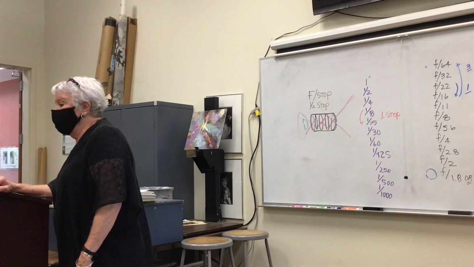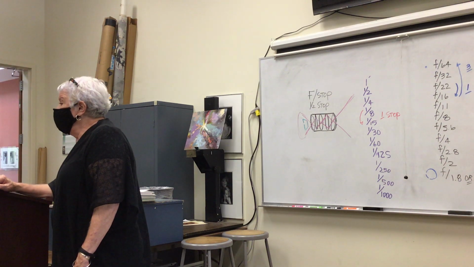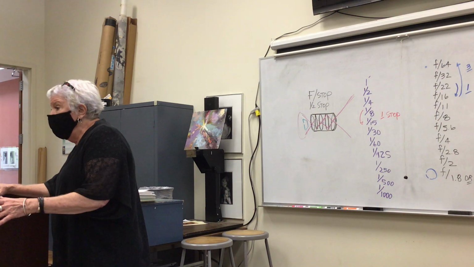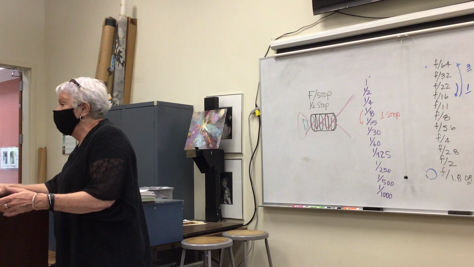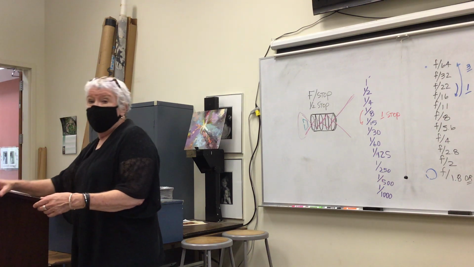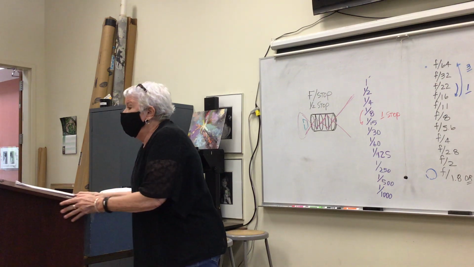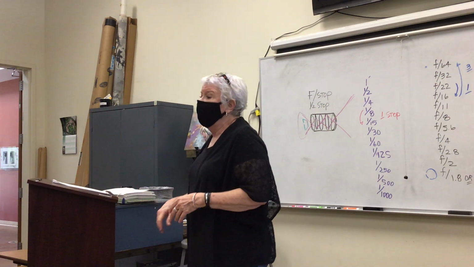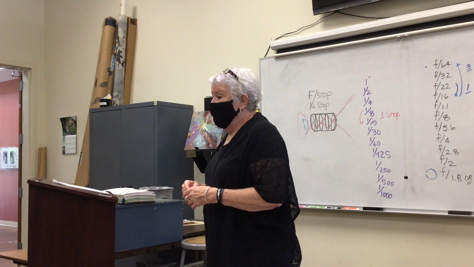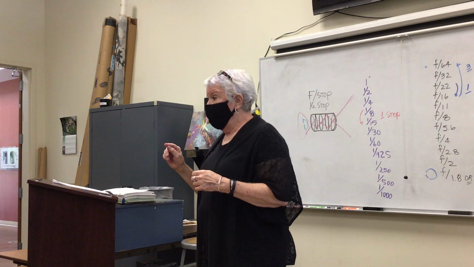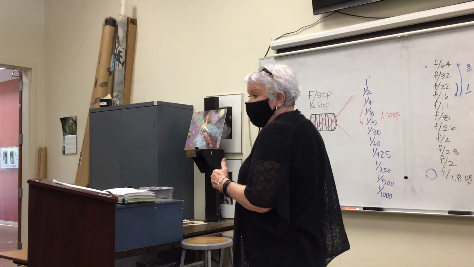Find that sheet. And it is a list of aperture and shutter numbers, isn't it? Now you know that fraction represents the shutter. And the other number, the f-stop, represents the aperture.